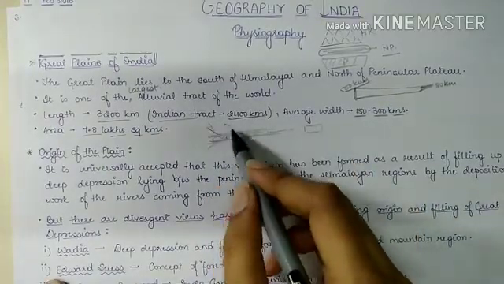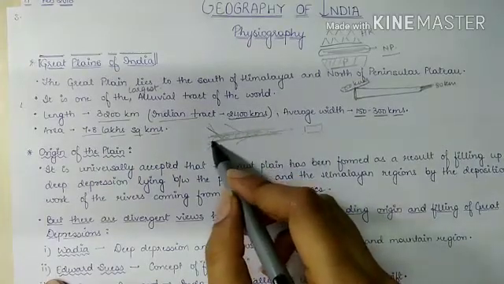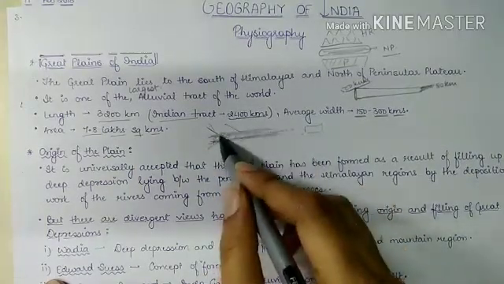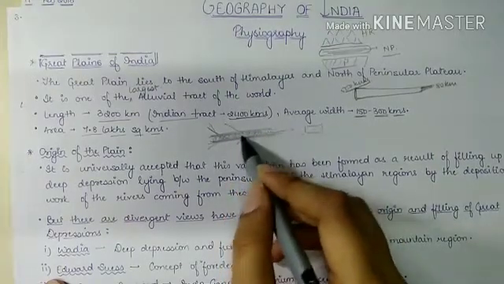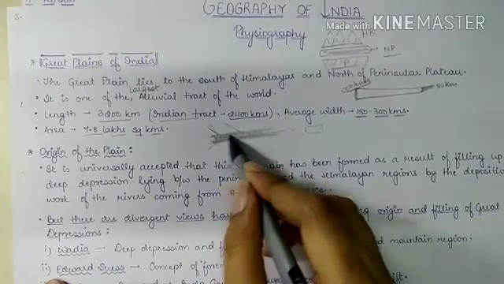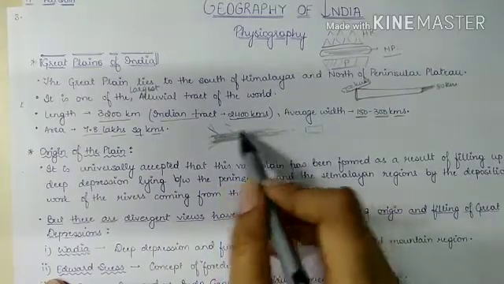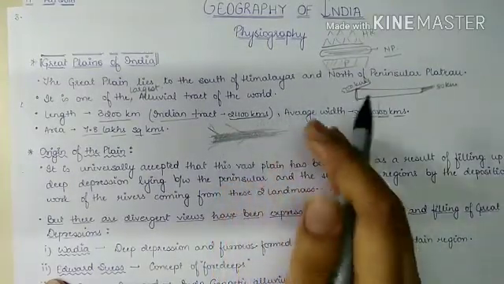Himalayan rivers are more important. They collect their sediments in this plain, thus making this plain a very fertile one.